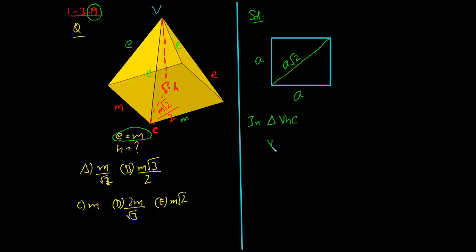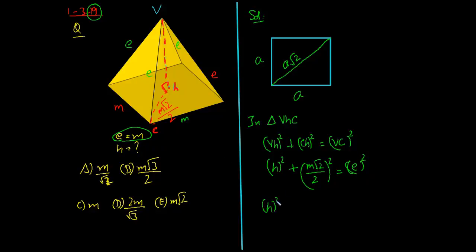According to the Pythagoras theorem, we would have VH squared plus CH squared equals VC squared, because that's the hypotenuse here. VH is just the length h squared. CH is, as we just calculated, m root 2 over 2 whole squared. VC is given as e squared, and we already know that e equals m, so we can simplify this.